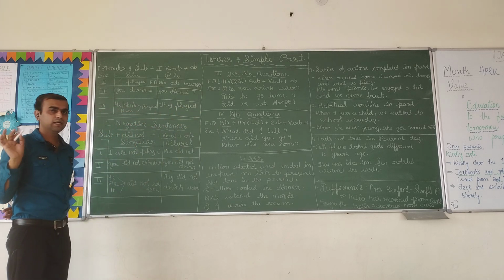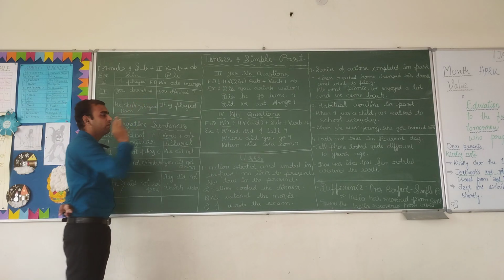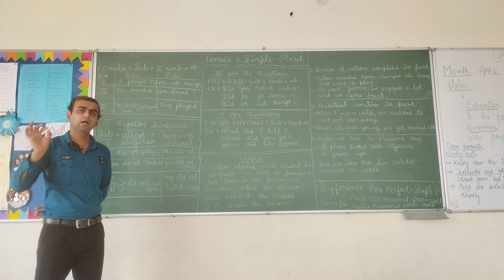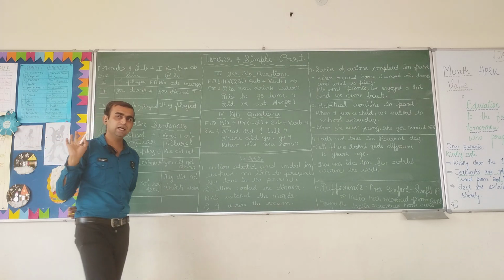What do we have to pay attention to? We always use the second form of a verb in the simple past tense for an assertive sentence. Is it clear?